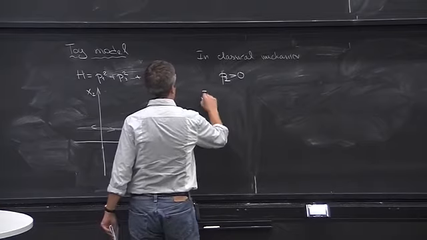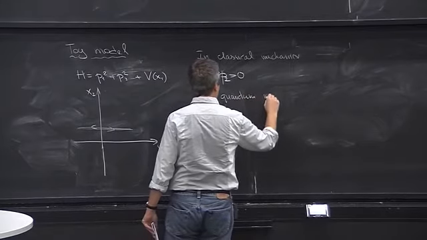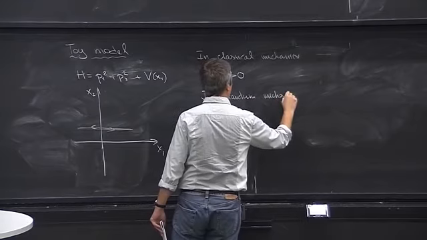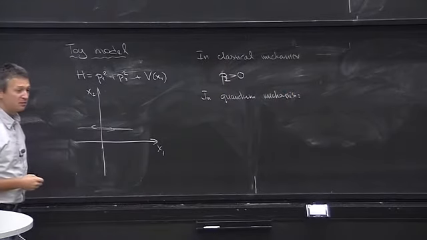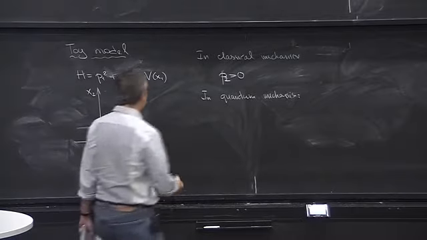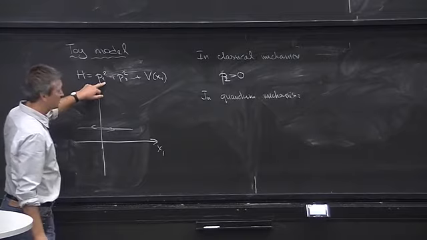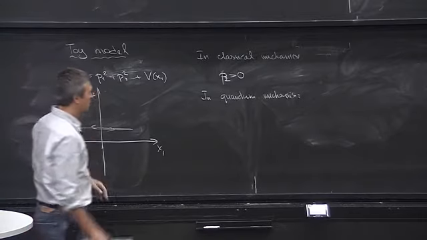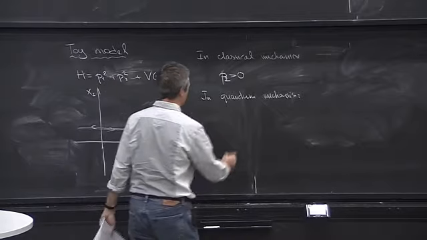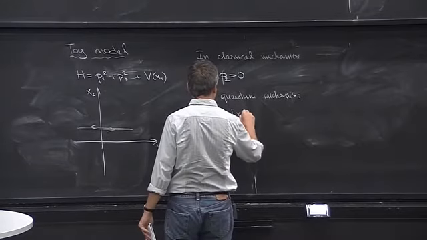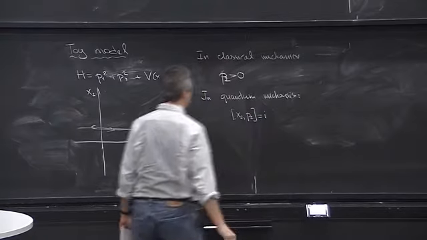Now in quantum mechanics, this equation will not be consistent. Just because, although we don't have a coordinate x2 in the Hamiltonian, sort of in the back of our mind we remember that it exists and it satisfies the canonical commutation relations.